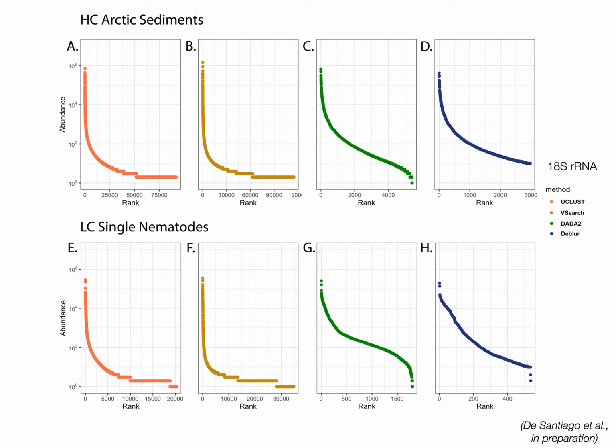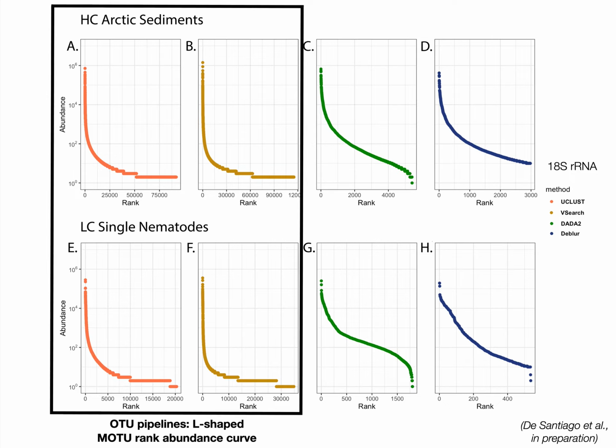And we can look at this in another way. We can look at this as rank abundance curves of MOTUs. So here are all the rank abundance curves for both data sets across all 4 pipelines. And we see a pretty significant shift in the shape here. OTU pipelines tend to return an L-shaped rank abundance curve, and the bottom of that L is basically all of those rare OTUs that are below 10 reads per OTU.